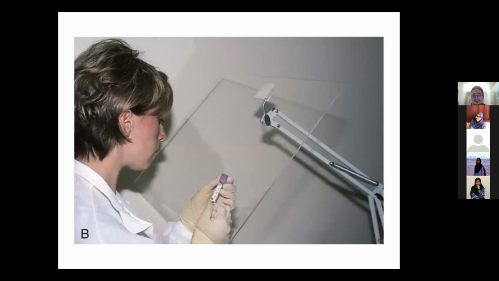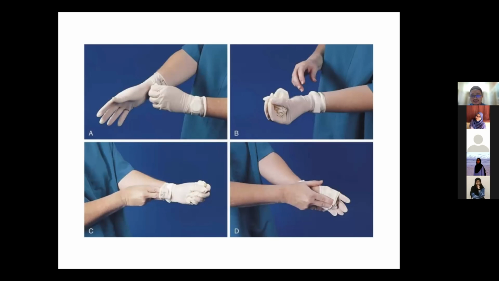You can also not wear a mask but have a glass like this, and you work from behind the glass.